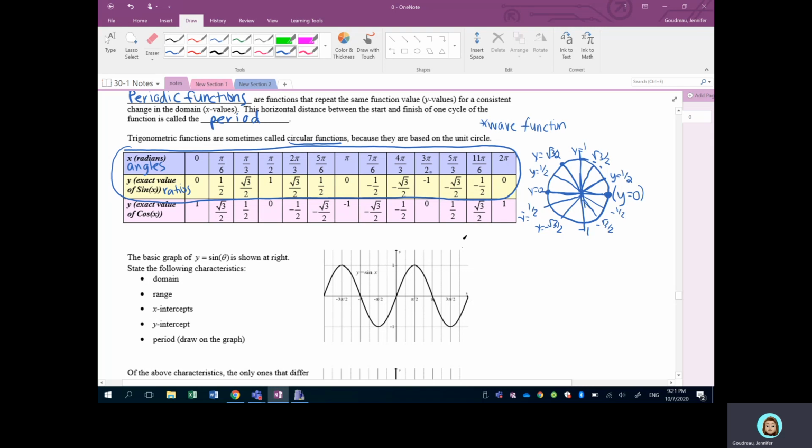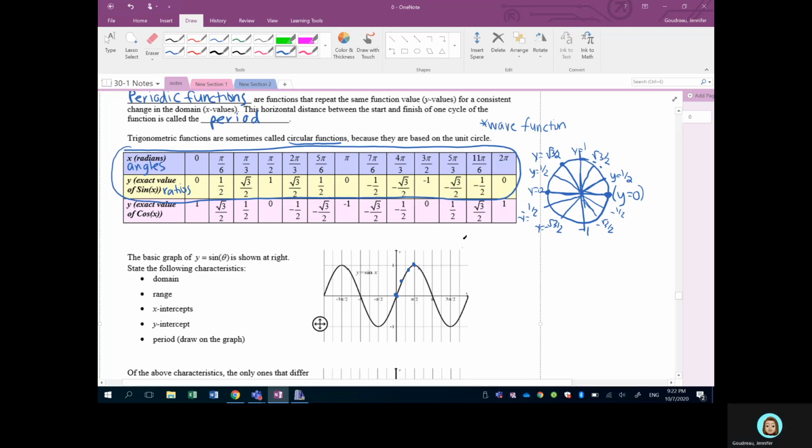If we take these points and now graph them down onto our coordinate plane right here. Here's 0, 0. At pi over 6, we're at 1 over 2. At pi over 3, at root 3 over 2. At pi over 2, we're at 1. And then we go back down. Root 3 over 2.